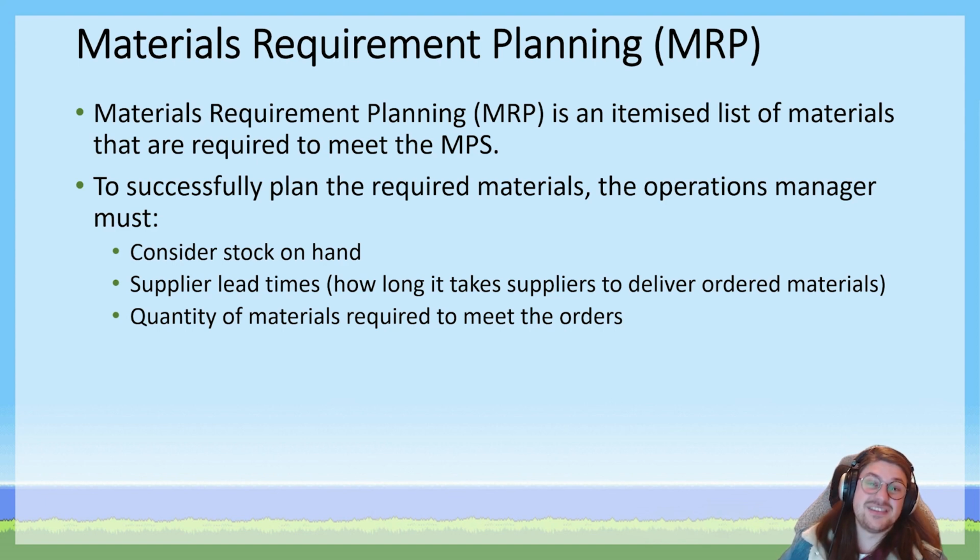Supplier lead times, so if you have a supplier who's very reliable and can provide you with the inputs you need in a quality that you're happy with, but when you place an order with them, it takes 6 weeks to get what you've ordered, then you'll know that you need to order those 6 weeks before production. And certainly, you can be thinking about the quality of the materials required to meet your order. Some product lines from some companies require a significantly different quality of input than other product lines, and this can be accounted for in materials requirement planning.